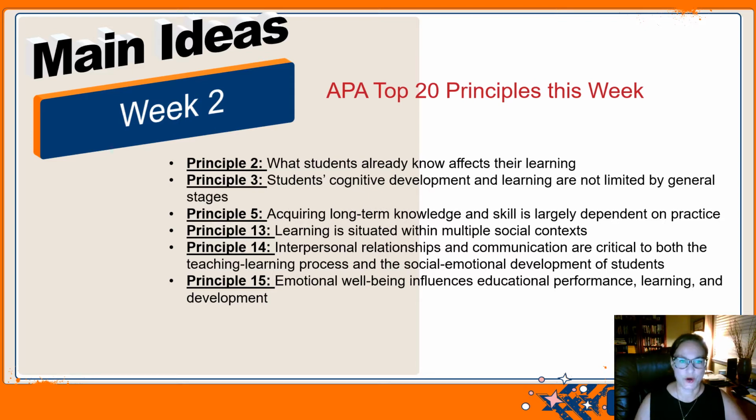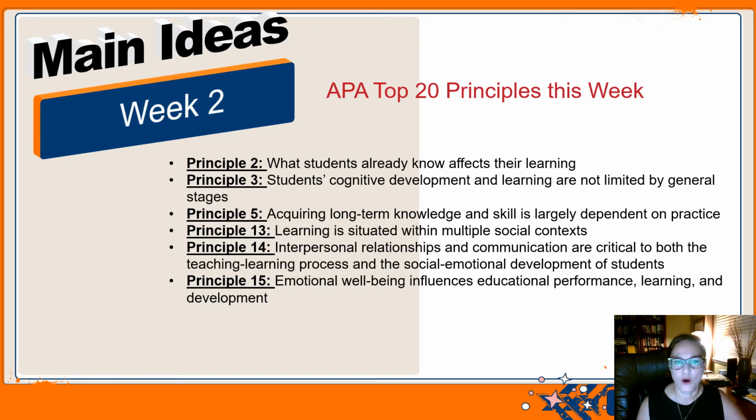Okay, so let's get into the meat of this week's topic. Before we begin, each week I'm going to be looking at the top 20 principles that apply to this week's content. And for this week, we're going to be looking at Principle 2, what students already know affects their learning. Principle 3, students' cognitive development and learning are not limited by general stages.